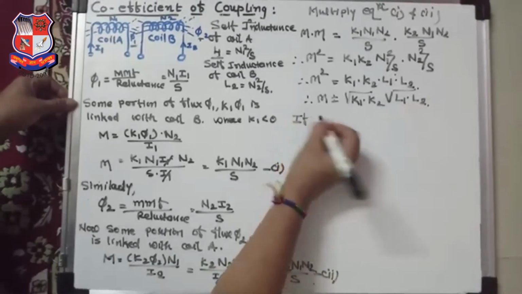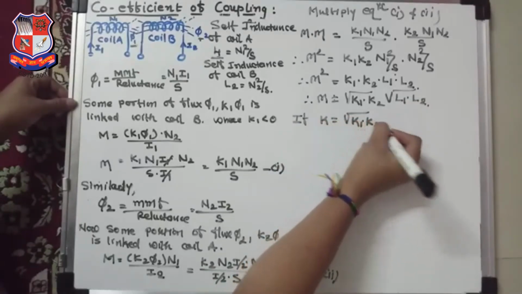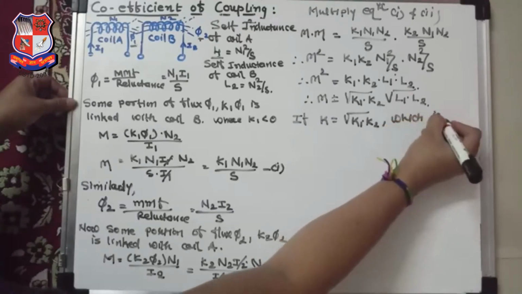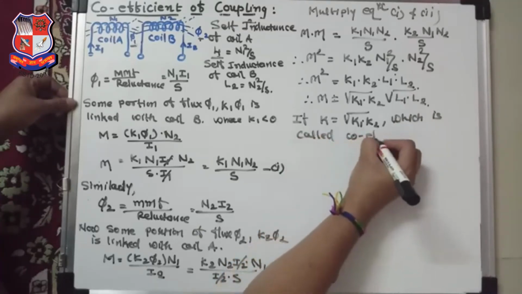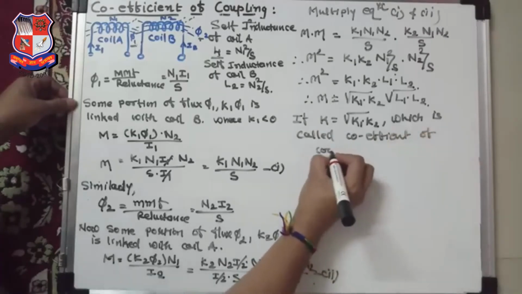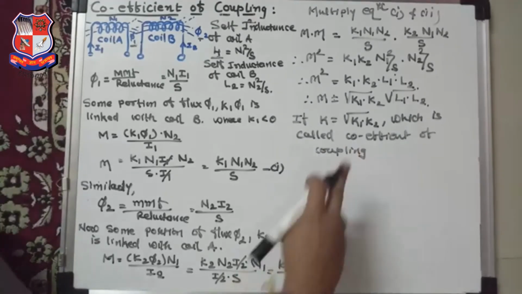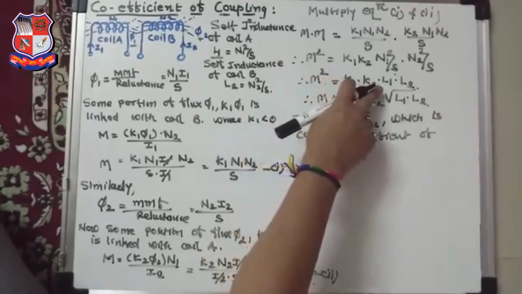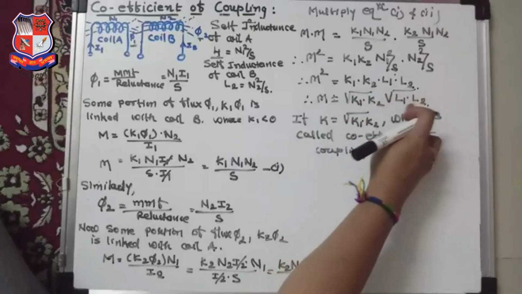So M is equal to root of K1 K2 and root of L1 L2.